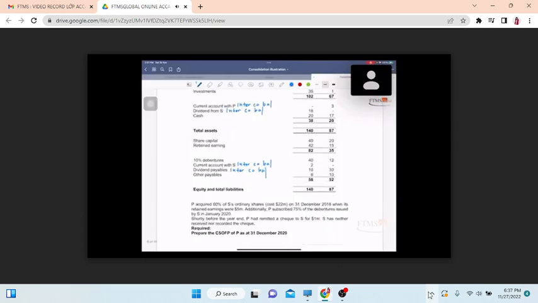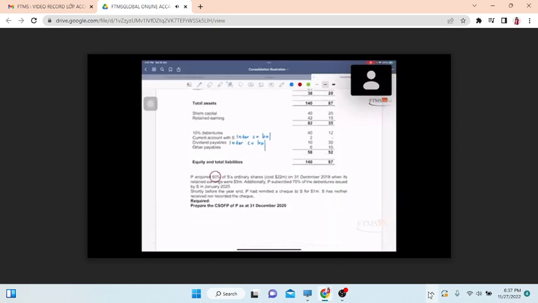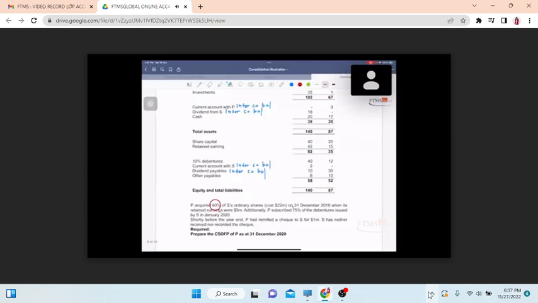Right, so P acquired 50% of S ordinary shares on 31st December 2018. So 31st December 2018 is the DOA, when its retained earnings were 5 million.